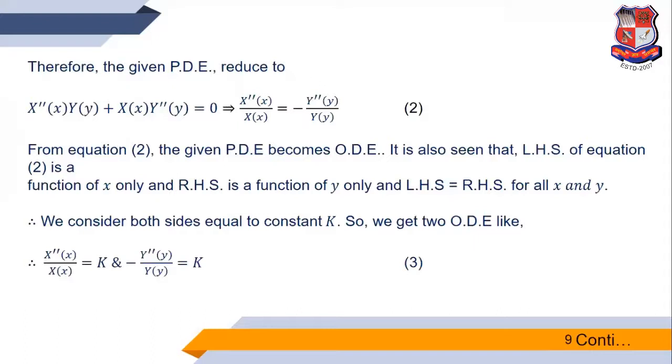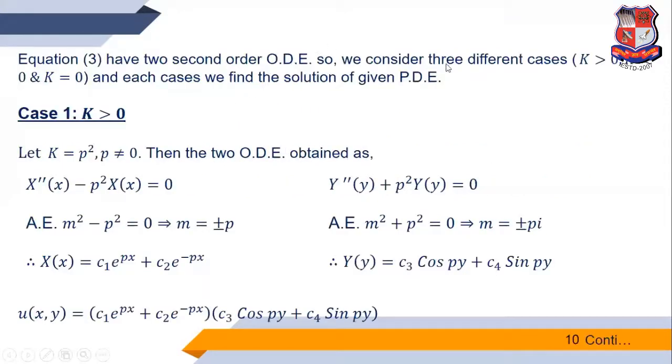So for a second order ODE, we consider three different cases. First one is k greater than 0, k less than 0, and k equal to 0. In each case, we find the solution of the given PDE.